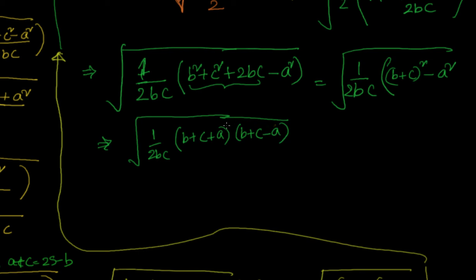Now the formula I am going to use is that B plus C is equal to 2S minus A, because 2S is A plus B plus C. Now this becomes 1 by 2BC into, let us check that.